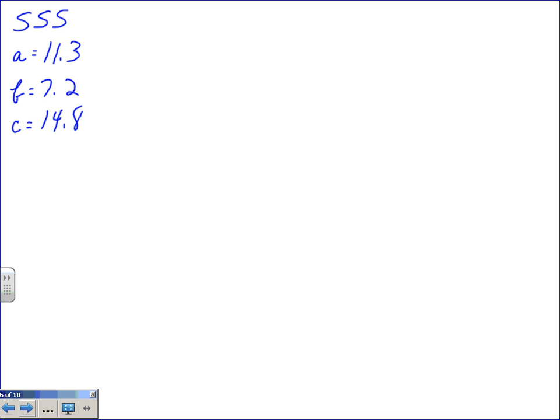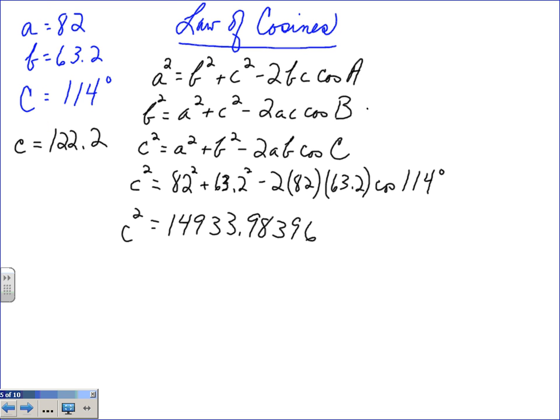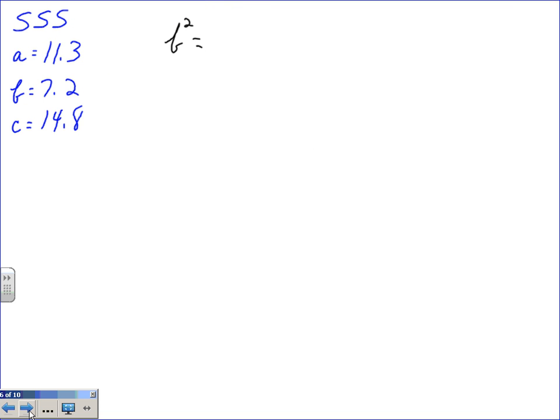B. If we want to find angle B, then I'm going to say B squared. I'm going to use that formula. I think that was the second one I gave you. There's three of them, right? Okay, there's three. And so we're going to use this one if we want to find angle B, given side, side, side. Okay?